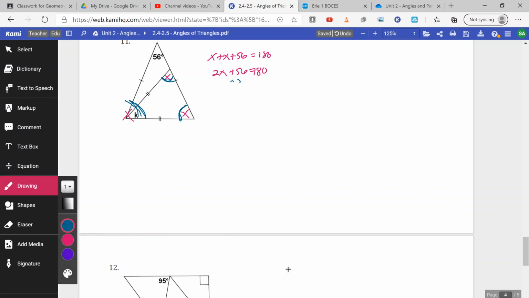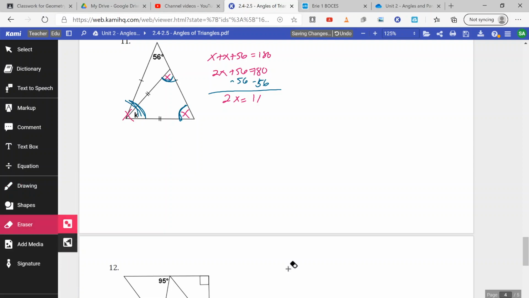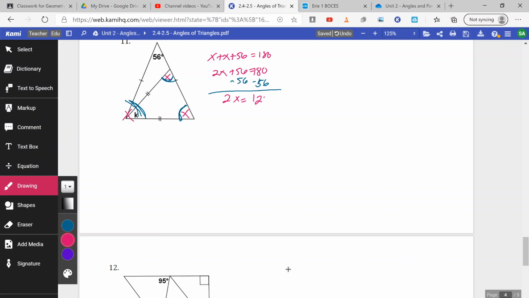When we subtract the 56, 2x is equal to 124. Divide by 2, and we get x equals 62.